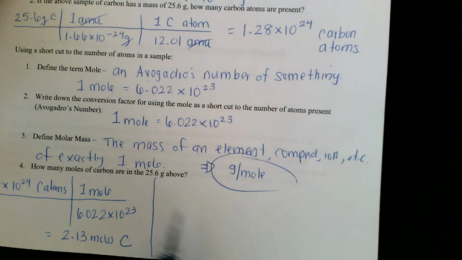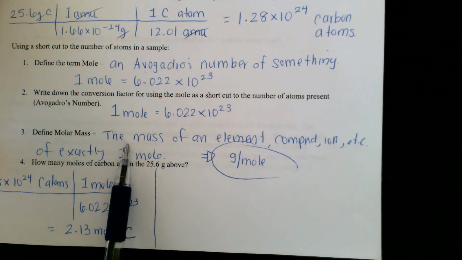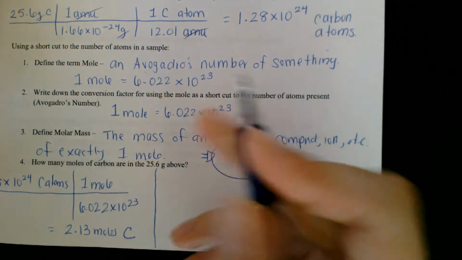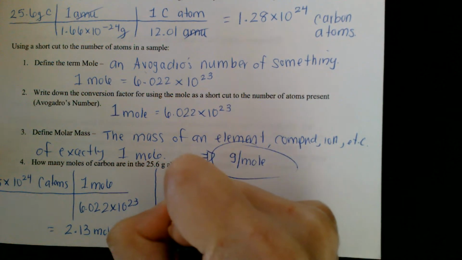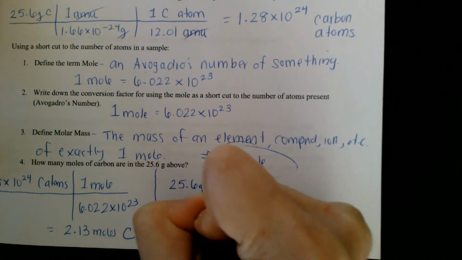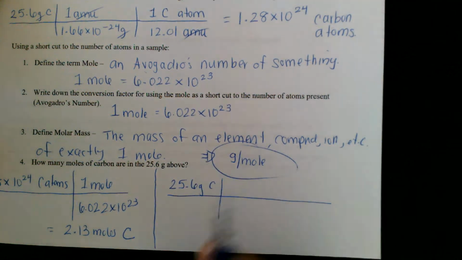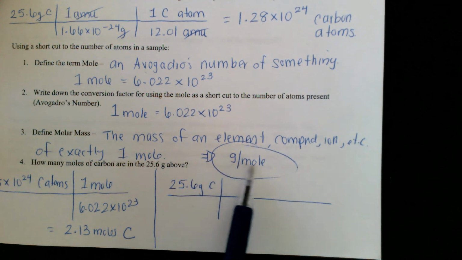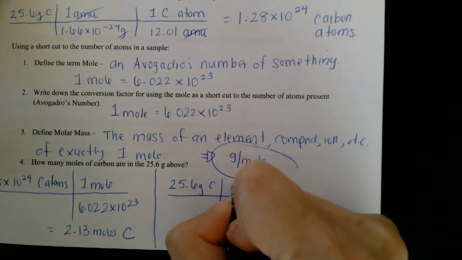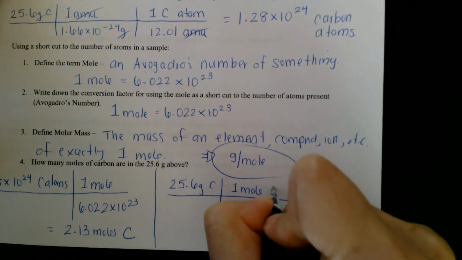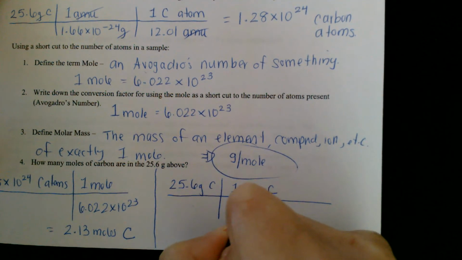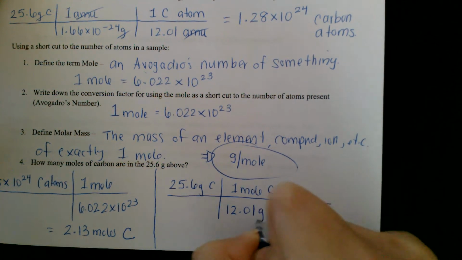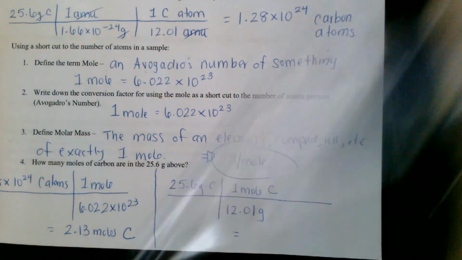We can use our definition of molar mass to do the exact same thing. We take our 25.6 grams of carbon and use the molar mass from the periodic table, where we have 1 mole of carbon for every 12.01 grams of carbon.